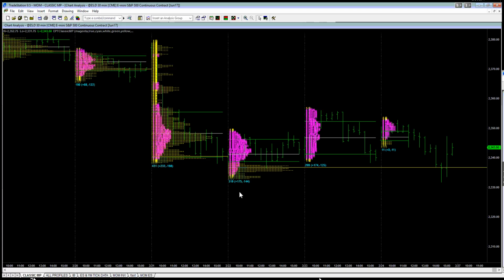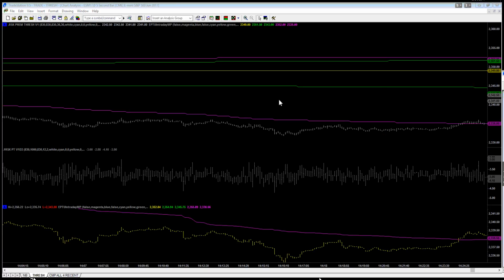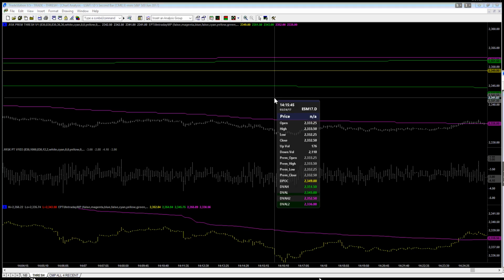Let's take a look. So right as the market is moving down there on this bar, it busts through that low at 32.75 and takes it to 32.25. Okay, 5-second chart here.